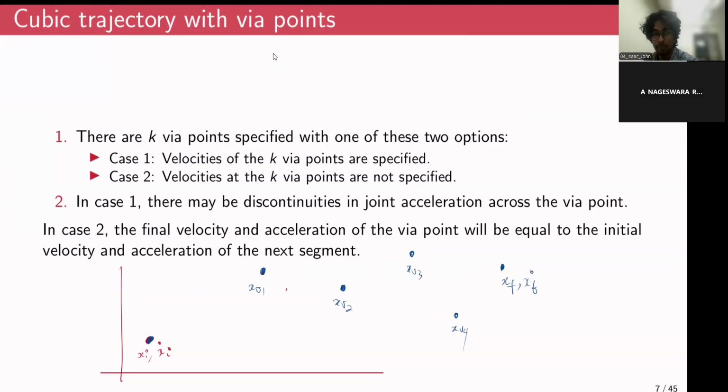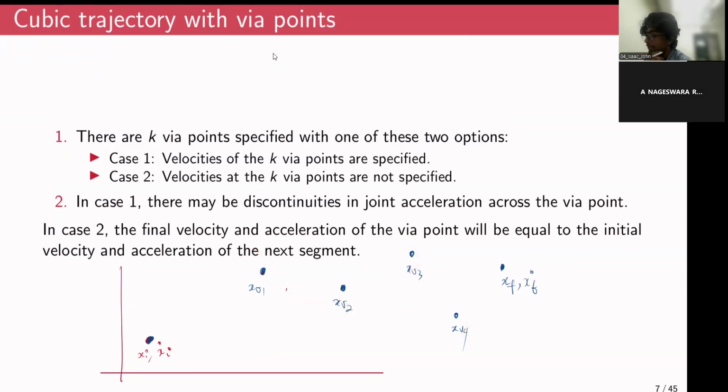So you will essentially have to plan a trajectory between all of these sections. This would be the first trajectory, this would be your second, this would be your third, fourth, fifth, and so on. If you do the trajectory planning only between the first and last coordinates, it would look something like this, just ignoring all the other intermediate points.